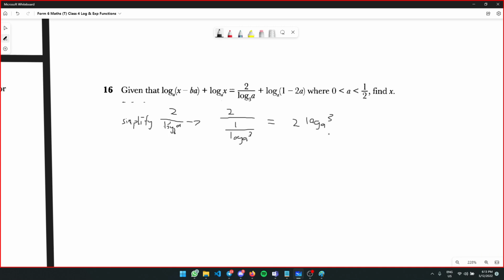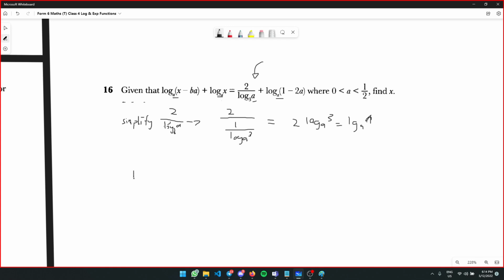Or you can also write this down as log a 9. We did that to make this log a 9. Why do I want log a 9? Because everything is log a, log a, log a, only this one is different. That's why we needed to change this one first.